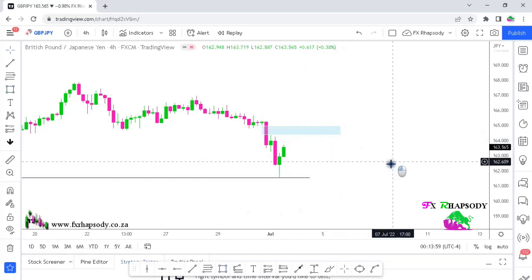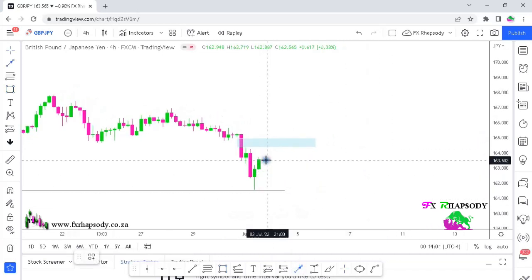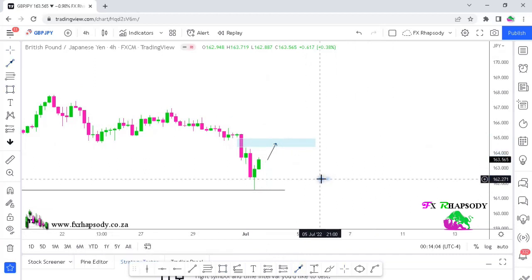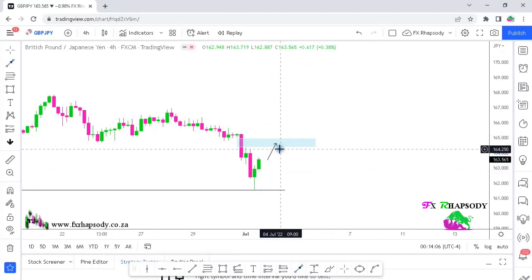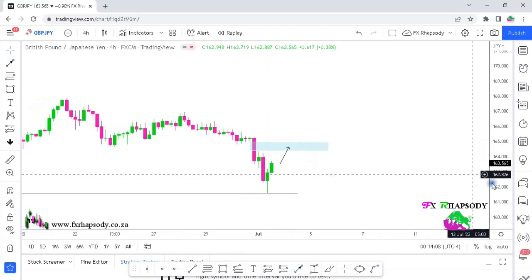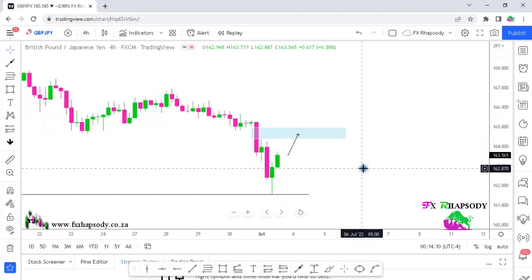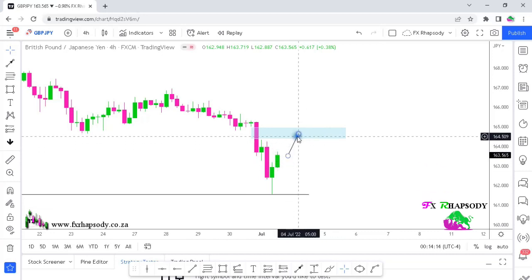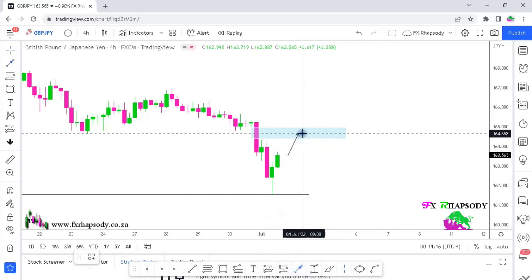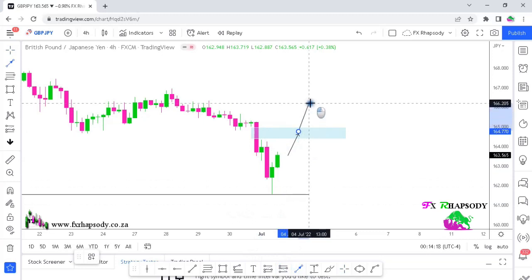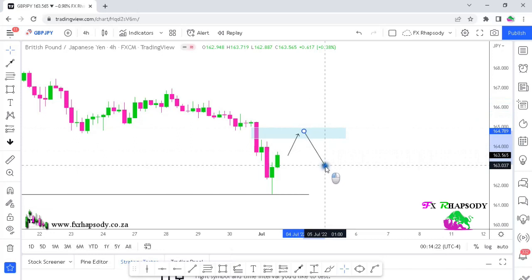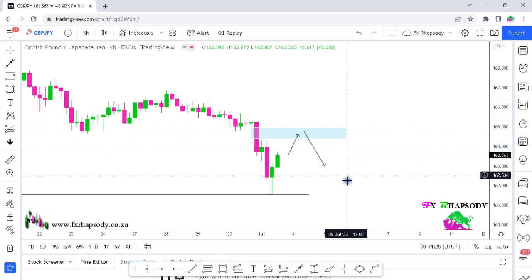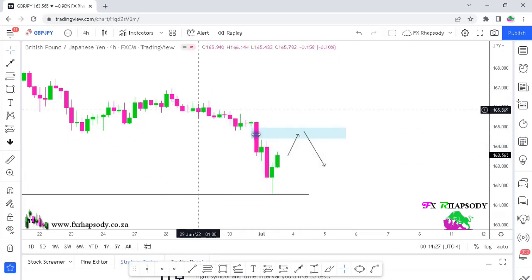So what we can maybe expect is that price might retrace back to that area of that imbalance. Price gets drawn to those areas, so we can expect price moving up slightly, and then we'll have to see if price carries on with that momentum to the top, or if price is just going to start going down again when it hits that area.